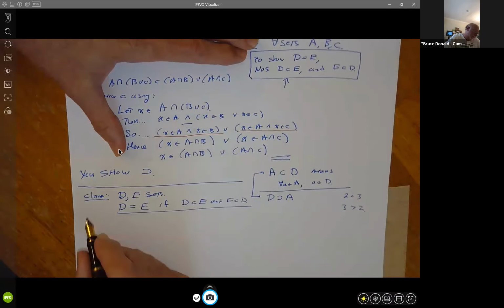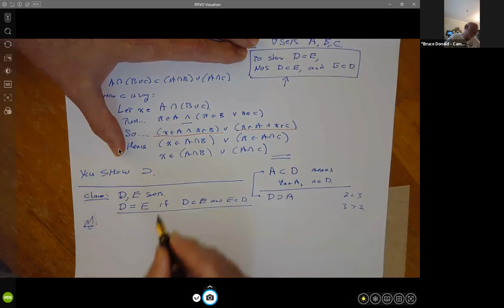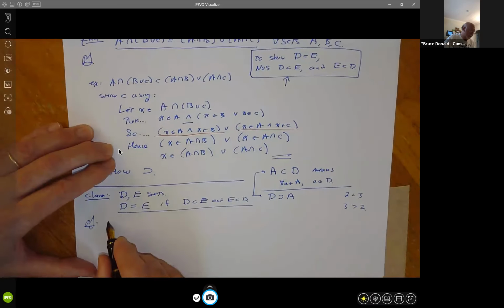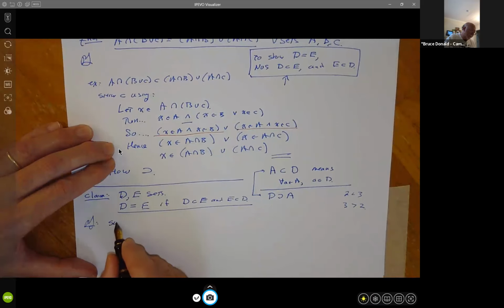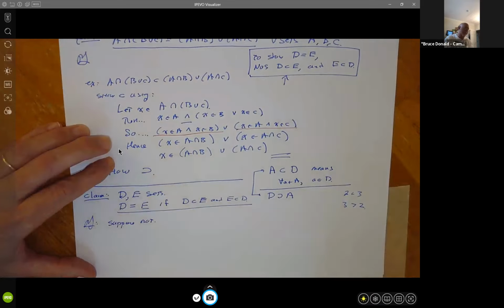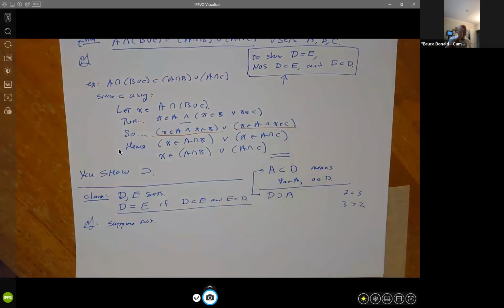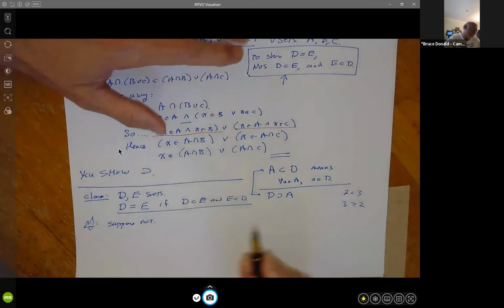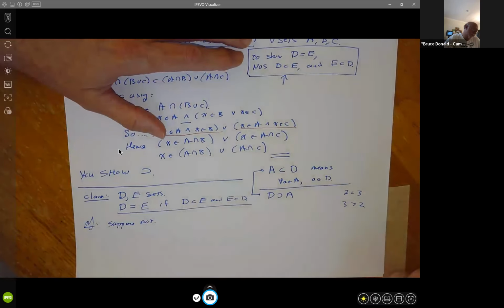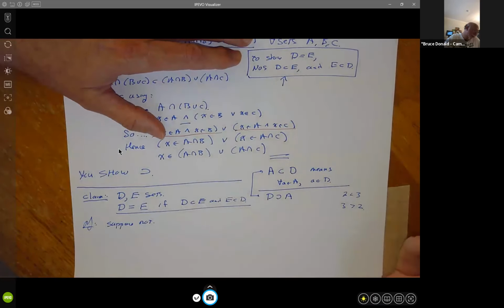So suppose not. Suppose this were not true. There could be various ways this was not true.